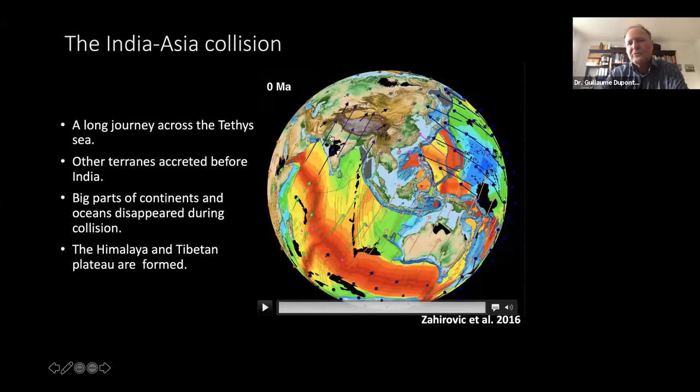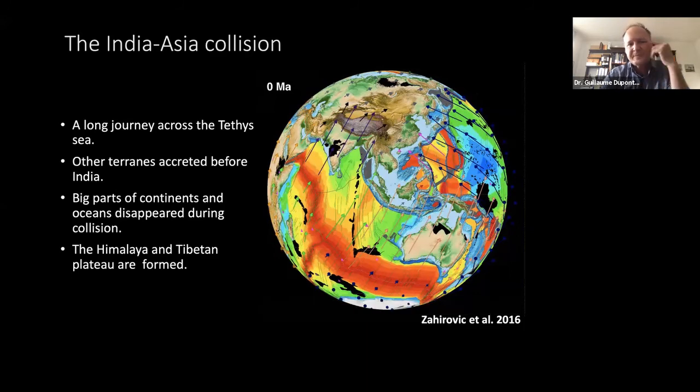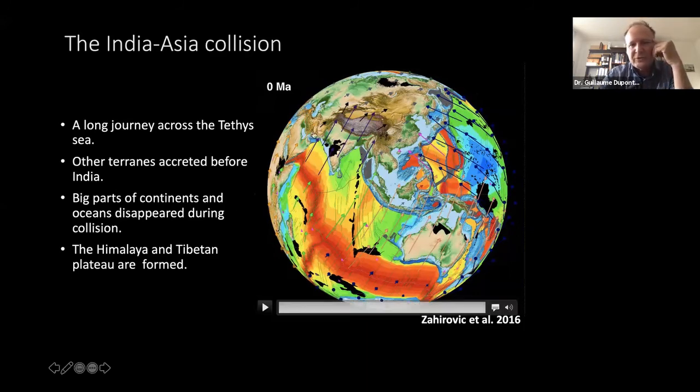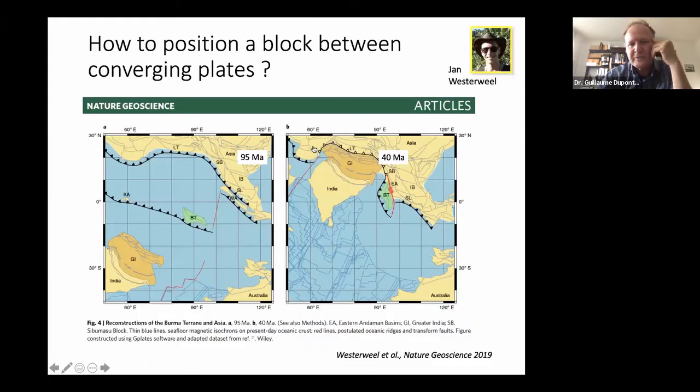So now what I want to explain is how to reconstruct that. How to reconstruct the plates, the motion of a small plate, and how to reconstruct the deformation and the formation of mountains. Here is an example from one of my students who worked on Burma. He reconstructed the position of the Burma plate 40 million years ago and 95 million years ago.